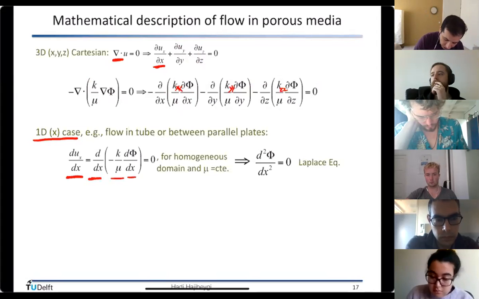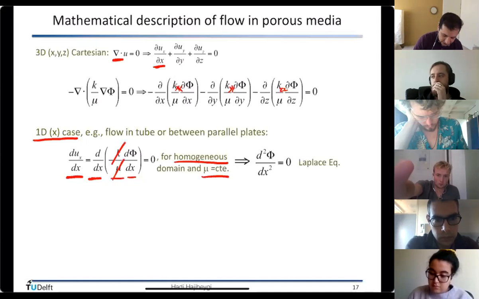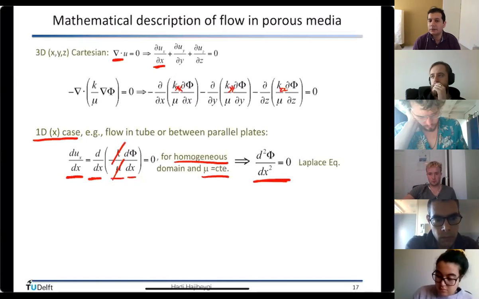If my k is homogeneous, so if k is constant and viscosity is also constant, I can simply cancel these two terms. So for homogeneous systems, I reach the simplest form of the pressure or potential equation.